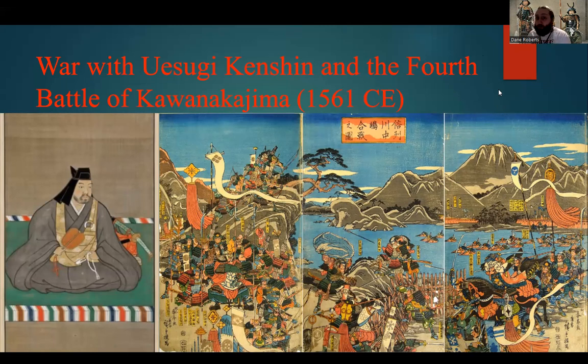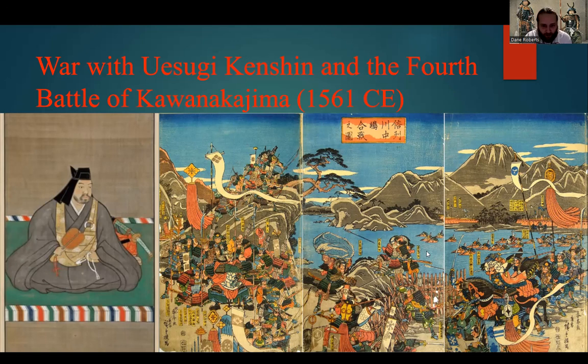And they battled several times, with most of them being just large skirmishes, though there would eventually be the fourth battle of Kawanakajima that you see here, that really did not witness a victory.